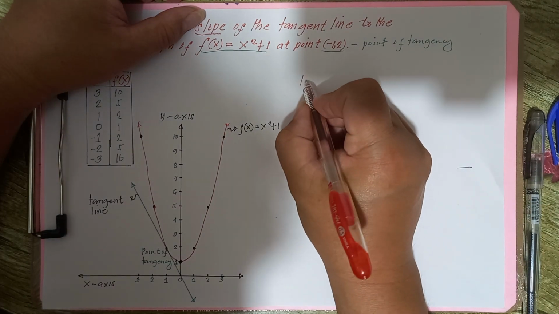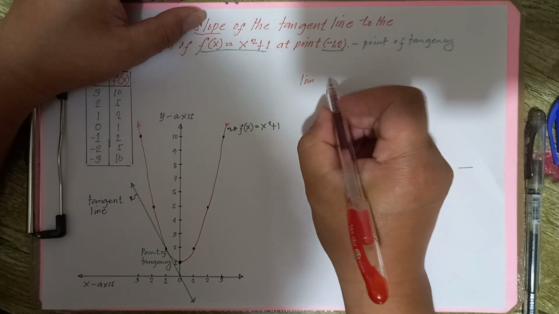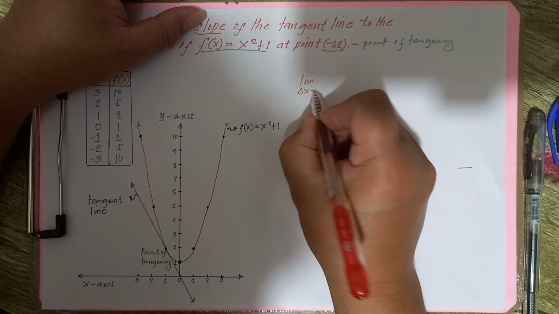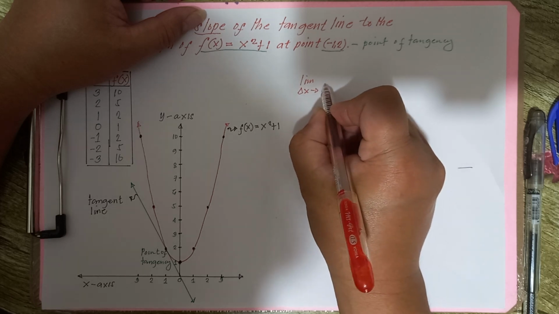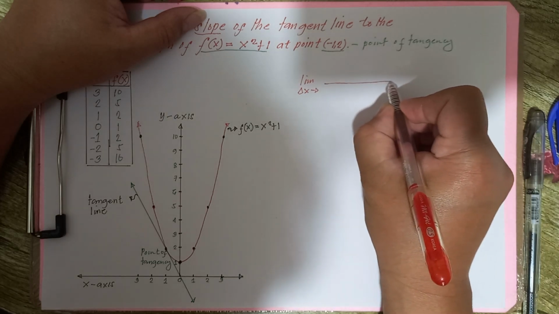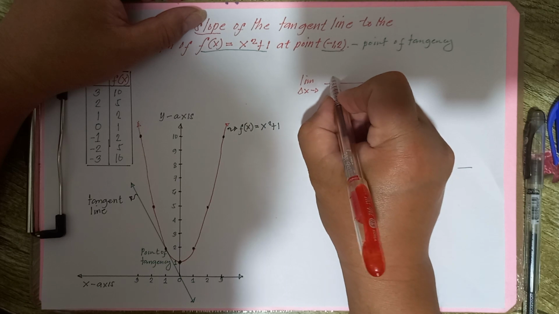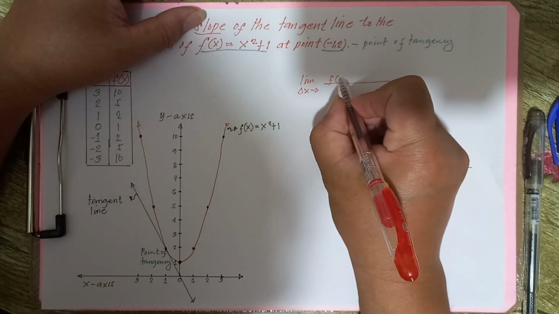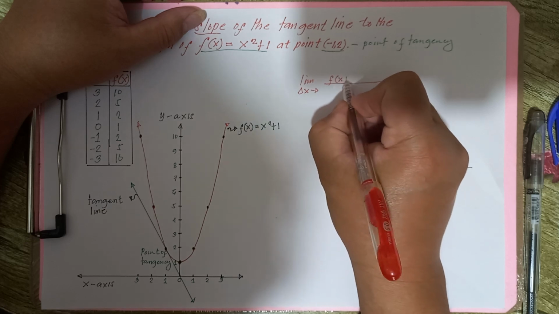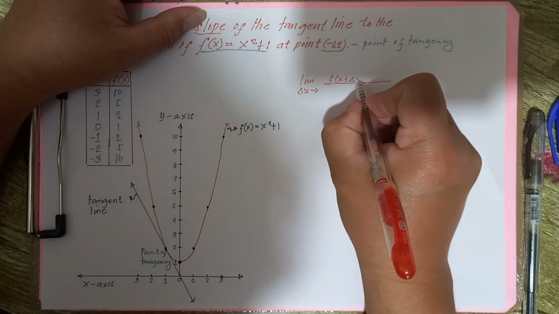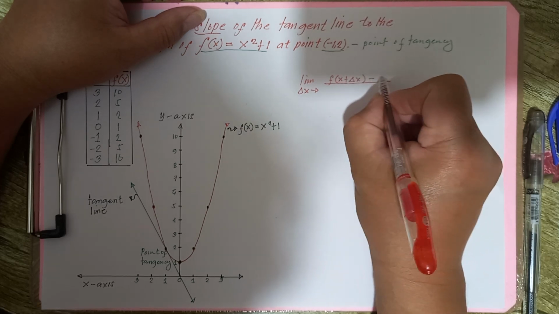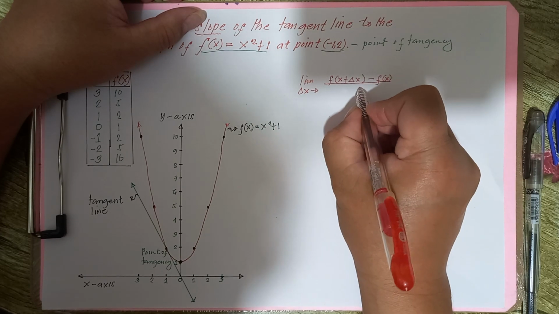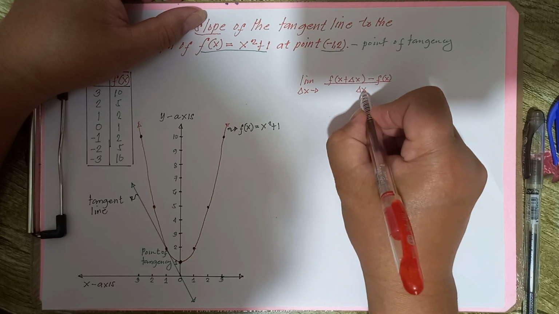We have the limit as the change of x approaches 0 of f of x plus change of x minus f of x over the change of x.